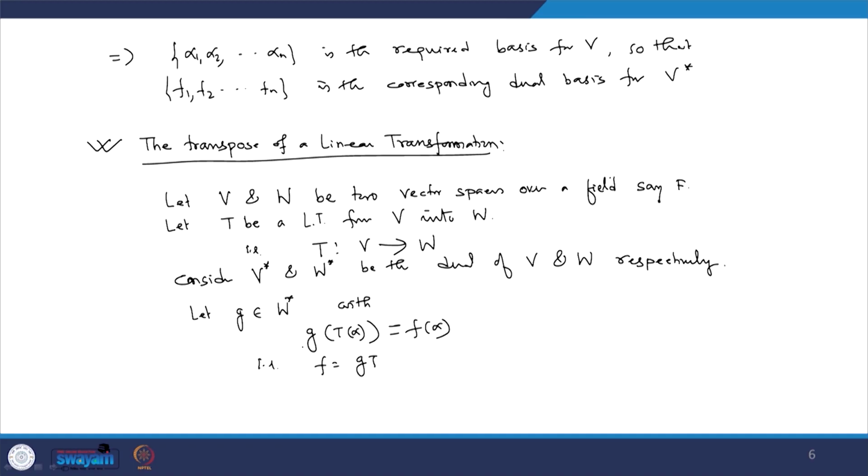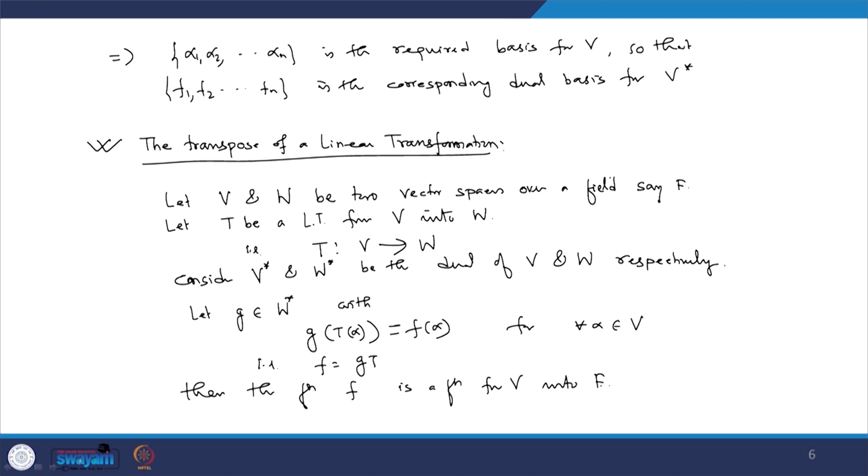So, I have considered g of T of alpha for all alpha belonging to V. Then the function f is a function from V into capital F. Since T is a linear transformation and g is also linear, it is a composition of two linear functions. So, f has to be also linear.